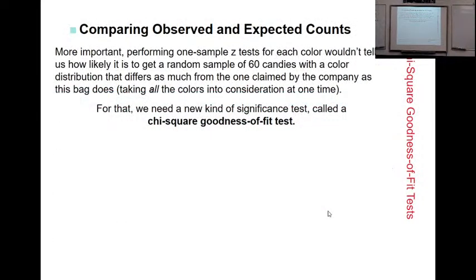So we are going to have a different hypothesis test. This hypothesis test is going to be called a chi-squared goodness of fit test. Chi is a Greek letter, and it looks kind of like a fancy X. And then we're going to put a squared on it.